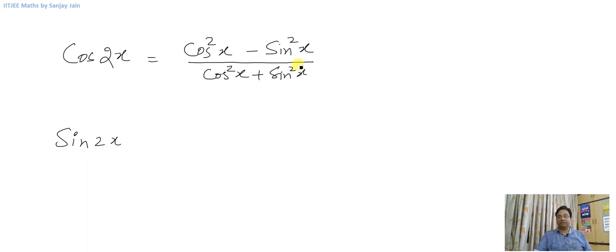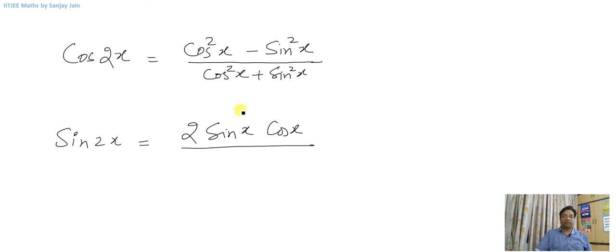This is 1, right? And sin 2x we wrote as 2 sin x cos x, and let us divide this with the expression cos square x plus sin square x. Because this is 1, I can divide these expressions with 1 without changing anything.